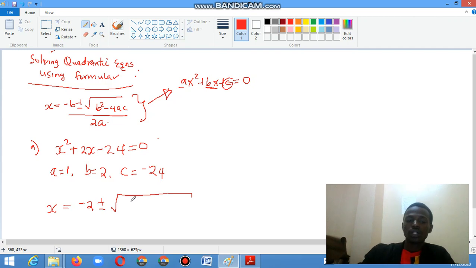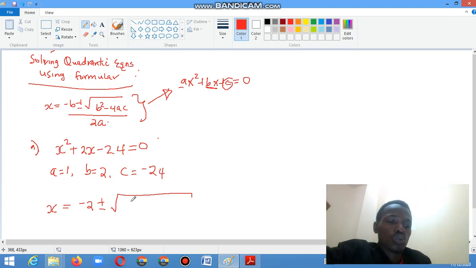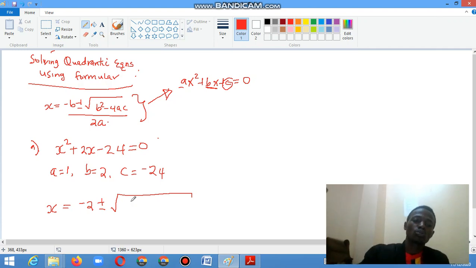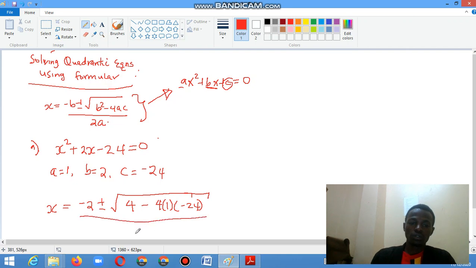My b is 2, therefore b squared will be 2 squared, which is 4, then minus 4a, and our a is 1, then c is minus 24. As simple as that. Remember, everything is under the square root, then everything is also over 2a, but 2a, I know a is 1, so it is 2.